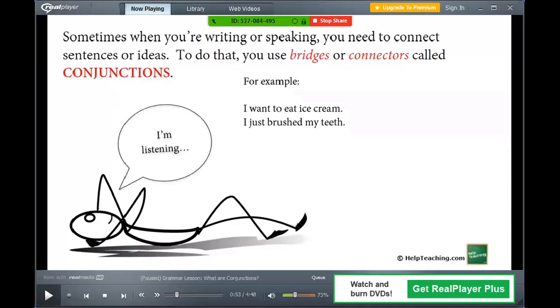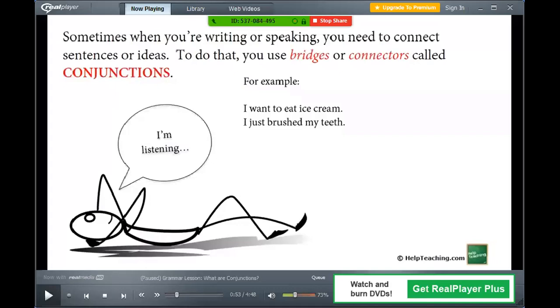For you to be able to do that, you have to use bridges or connectors. You cannot cross from one place to another where there is a river without using a bridge. So the bridge is used to connect the two places where you are and the other side. So you have to use bridges or connectors.